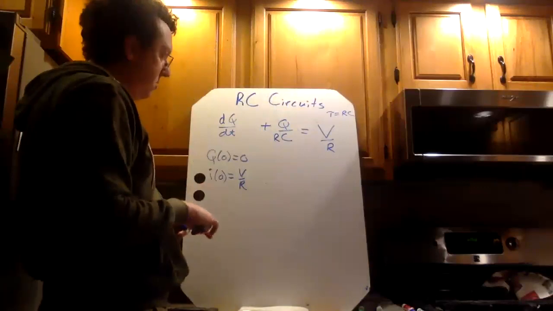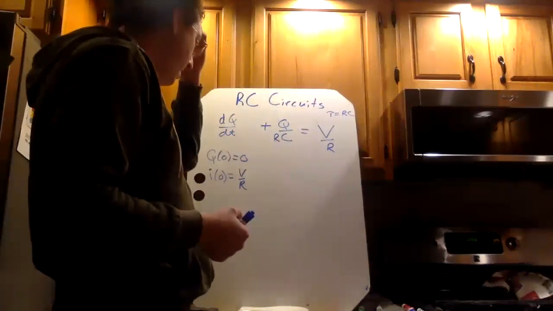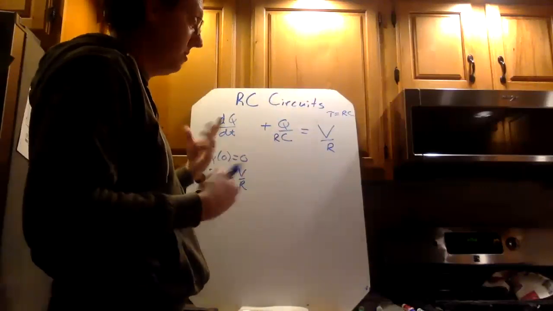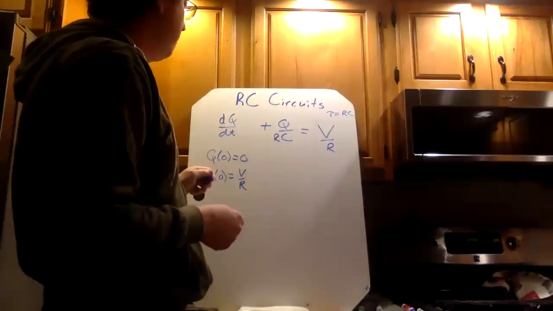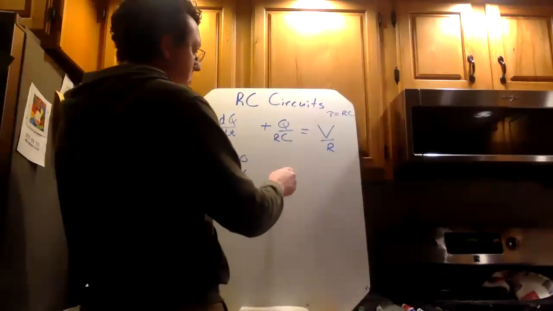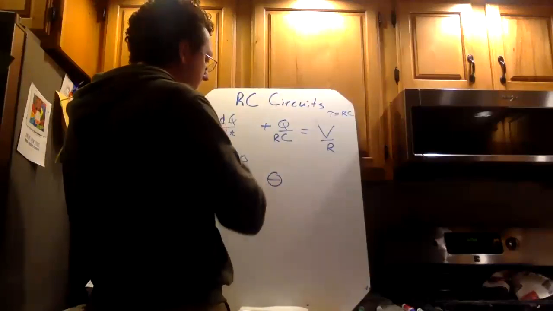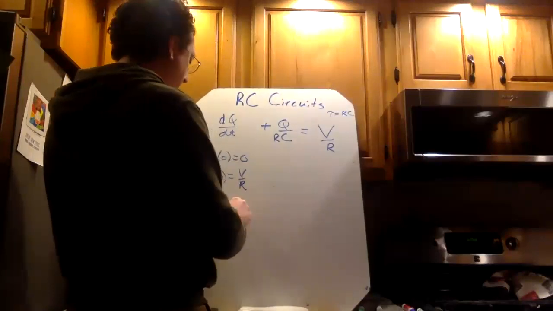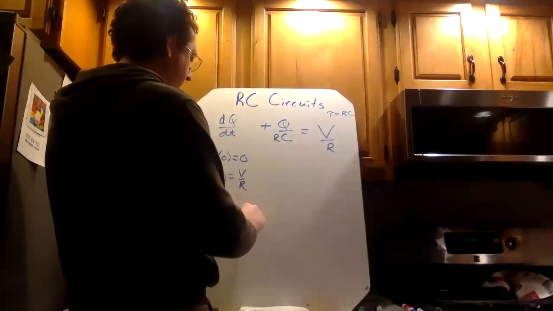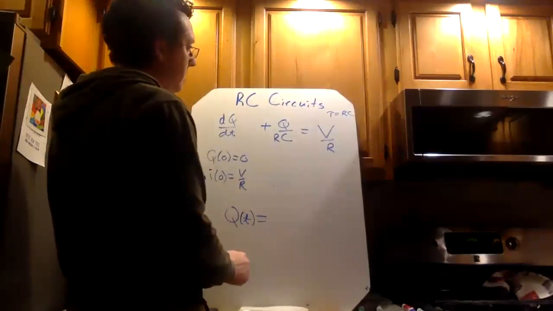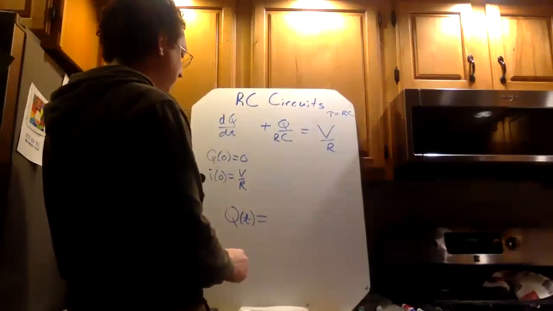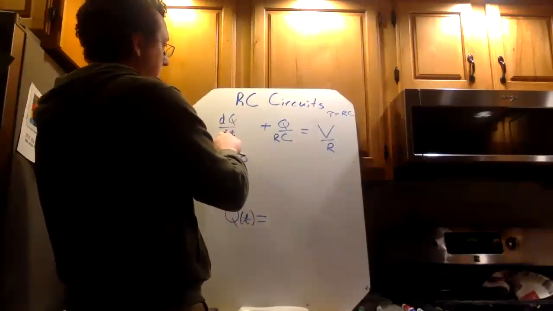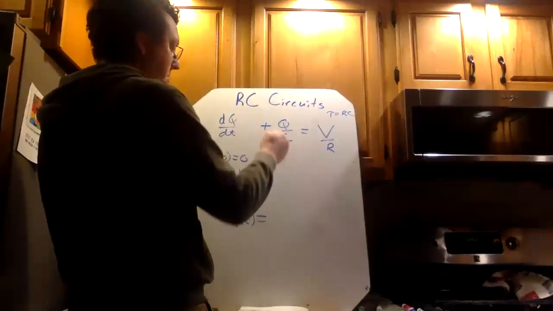Maybe not everybody remembers how to solve differential equations, so I'm just going to give you the answer and we're going to verify it. The answer is that the charge as a function of time on the capacitor has to start out at 0, and it's a function which mixes derivatives and itself with this coefficient.